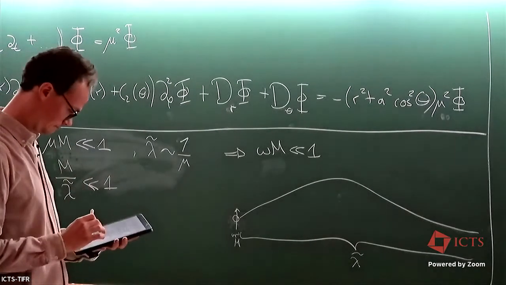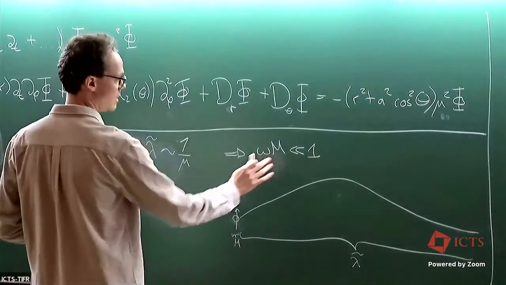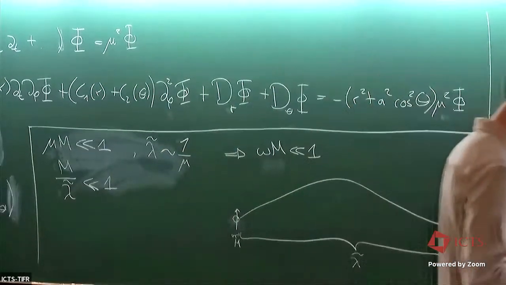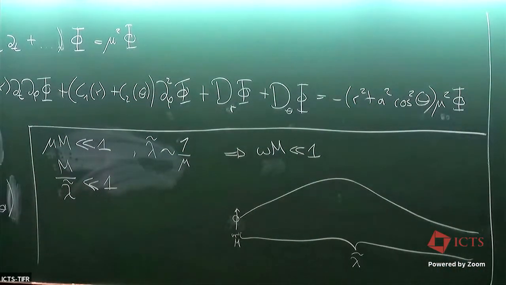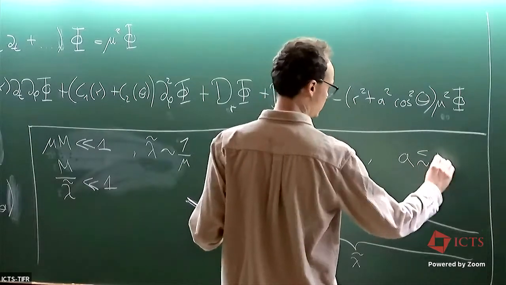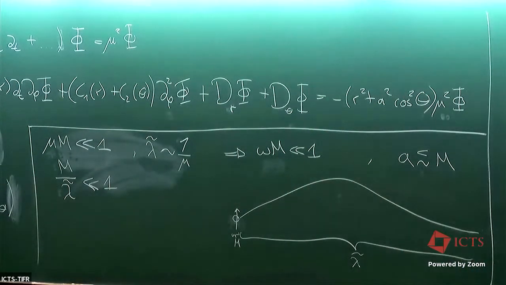But this will become more clear perhaps when we see the solution. All right, and then I should also remind you that again we are interested in the sub-extremal Kerr case, so A is bounded by M.